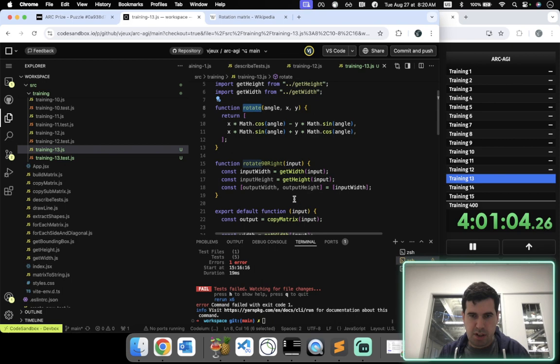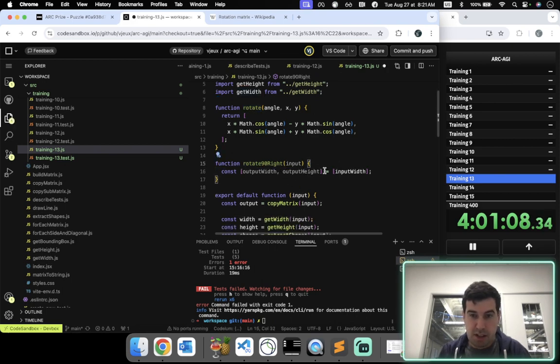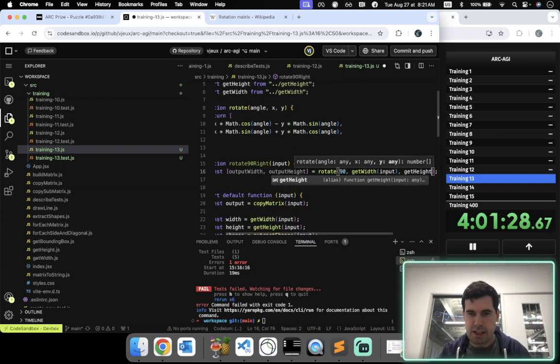So now what we can get is the output height is going to get rotate. The angle is, we say, 90 degrees, and we want the get width of the input and get height of the input.